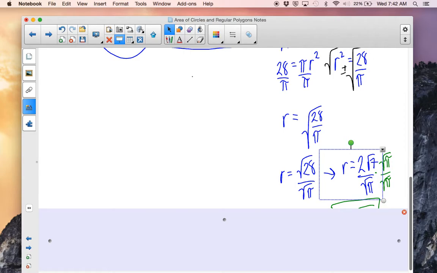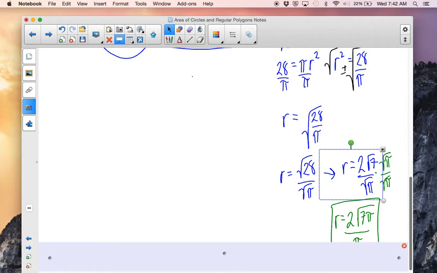And I'm going to get the radical out of the denominator by multiplying by square root pi over square root pi. And that gives you 2 square root of 7 pi over pi. And this answer is a little bit kind of funky and messy, but that's it, okay? And you can plug it into your calculator and get a decimal approximation, but this is your exact answer here.